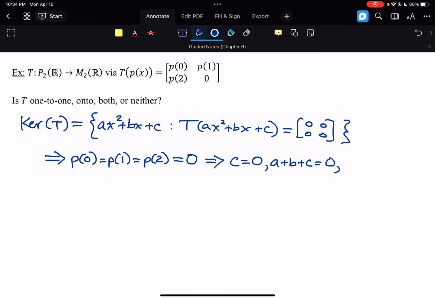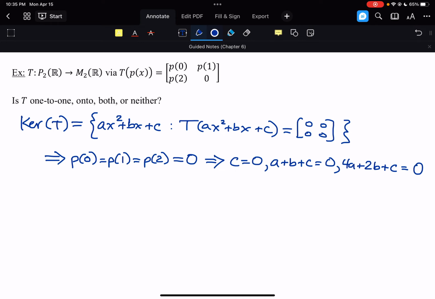And for p of 2, if x is 2, we get 4a plus 2b plus c equals 0. Whatever values of a, b, and c make this true will give us the polynomials that are in the kernel that transform to 0.